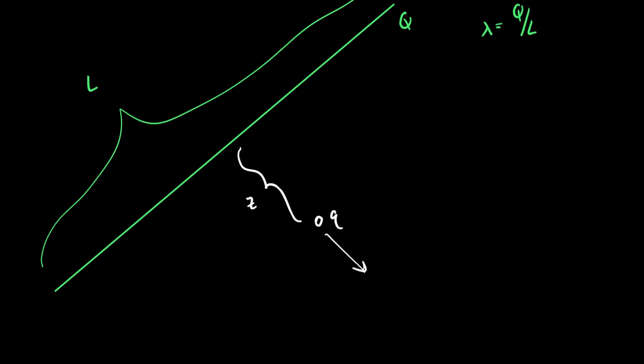I was given the entire charge. I was given the entire length. So I can write that as a charge density. I want you to be aware you can be given lambda separately and just be told to work your problem in terms of lambda, or you can be given expressions to use to figure out lambda. Both are reasonable things that happen on the AP exam, and you need to be prepared for either one.